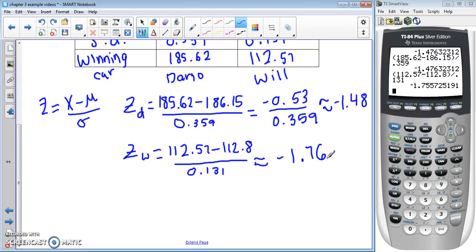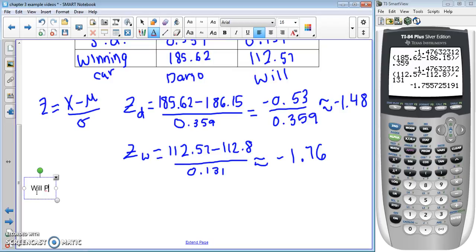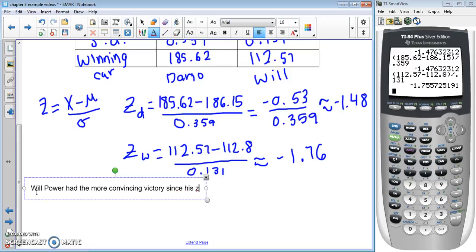So in these problems, you want to pay really close attention to the context of the problem. So let's type our answer here. We have that Will Power had the more convincing victory since his z-score was smaller. Remember that the larger the negative value, the larger the number actually is, so that 1.76 is a bigger number than 1.48, but it's smaller because it's negative.